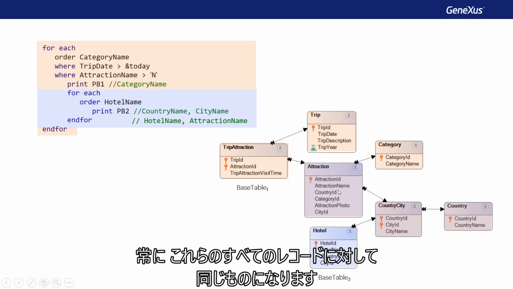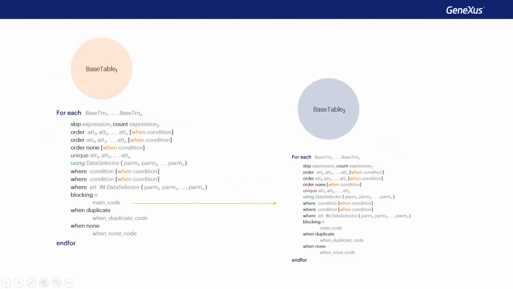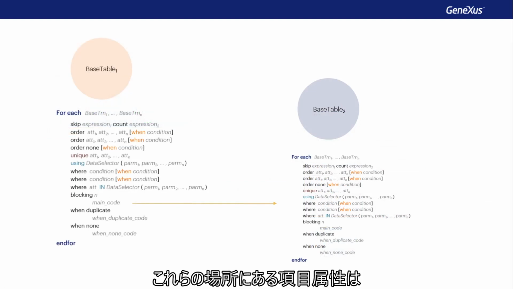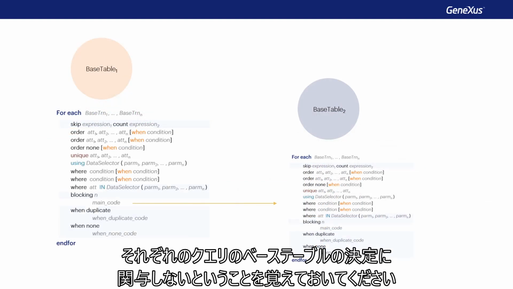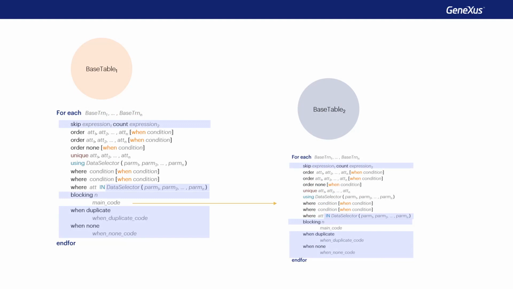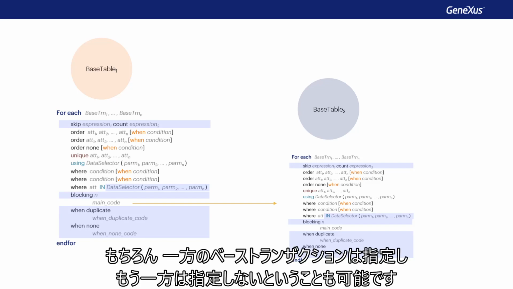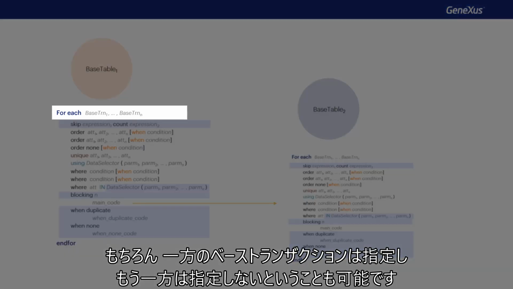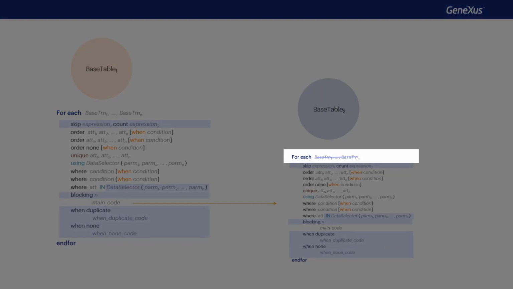It will always be the same one for all these records. It's important to bear in mind that the attributes in these places will not take part in determining the base table of the respective query.